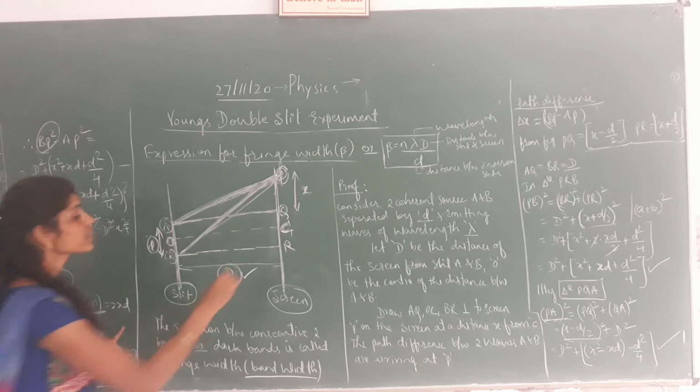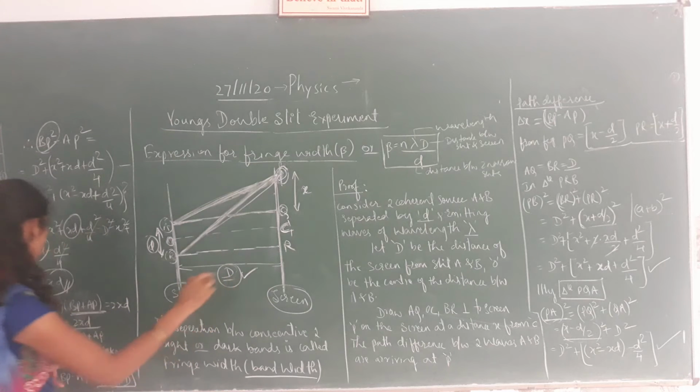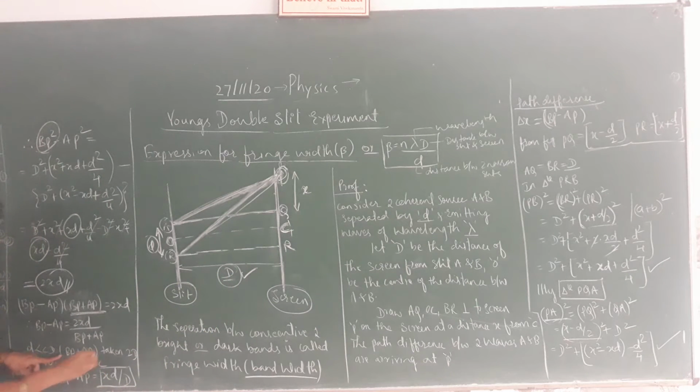Here this small d is very much smaller than this capital D. Therefore BP plus AP is taken as 2D. So in place of BP plus AP, we are substituting 2D.